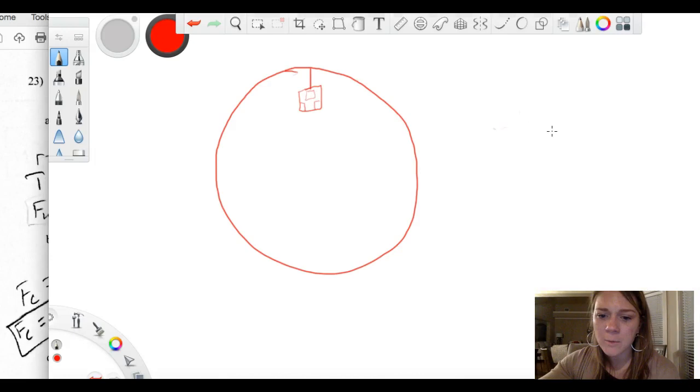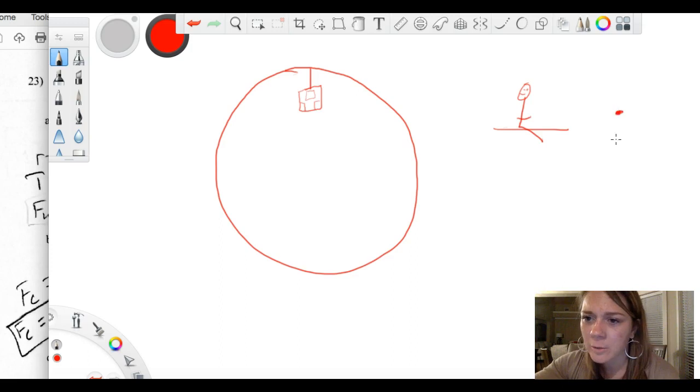So I'm now going to look at, well, here's my seat and here's my person. So the forces acting on the person. I'll draw a little dot over here to represent the person. You've got gravitational force of that person, which is equal to the mass of the person times 10. Then you've got a normal force that is going to push up on the person because he is seated, right?